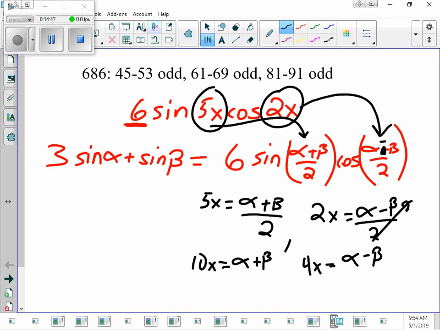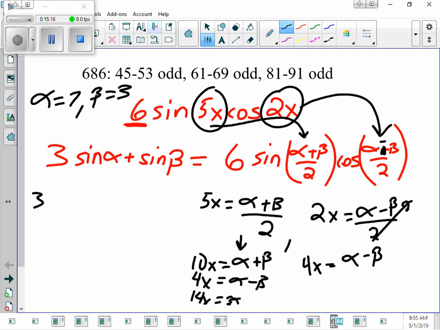Then just set up a system. So you do 4x equals alpha minus beta, add them together, 14x equals 2 alpha. The betas cancel. Divide by 2, you get 7. If you put a 7 there, 7 plus what is 10? The answer is 3. So alpha is 7 and beta is 3.